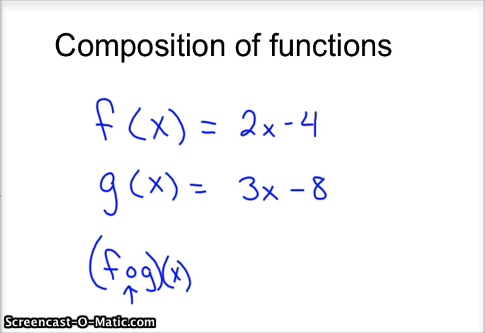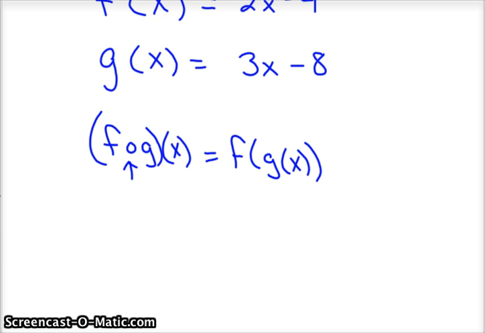It does not mean multiplication or division. It's composition. Another way textbooks write it is f at g at x. They're read the same way, f at g at x, and what that means is to take g at x first and plug it into f.